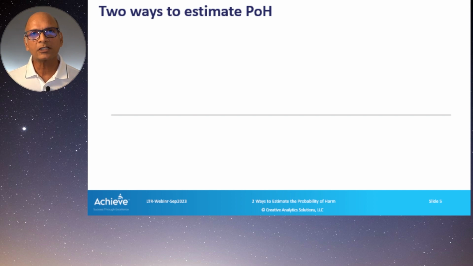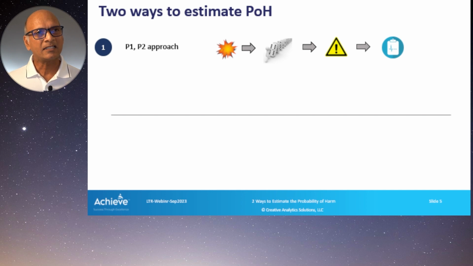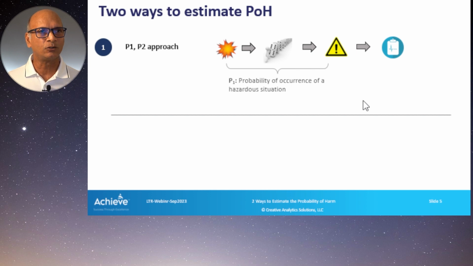Now there are 2 ways of estimating probability of harm. The first one is the P1, P2 approach, which is described in ISO TR 24971. Generally speaking, this is how we understand how hazards lead to harm. Generally, there is an initial event or a trigger event, which is shown here, followed by a sequence of events which lead to a hazardous situation and harm. So P1 and P2 actually split into 2 parts.